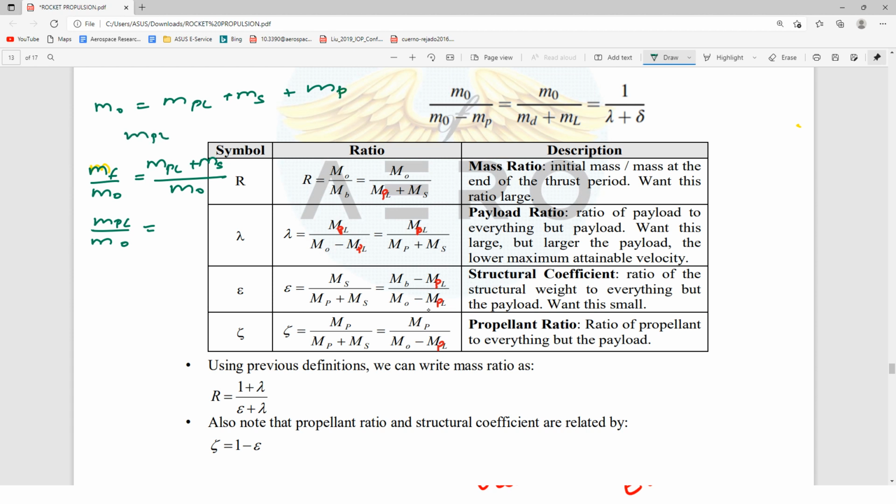So MPL is going to be m naught minus (MS plus MP), and you can make use of that: m naught minus (MS plus MP), by m naught. So if you put that over here, you are getting m naught minus... You can also find it in terms of the ratio fractions, or you can keep it as it is. Alright, you can keep them.